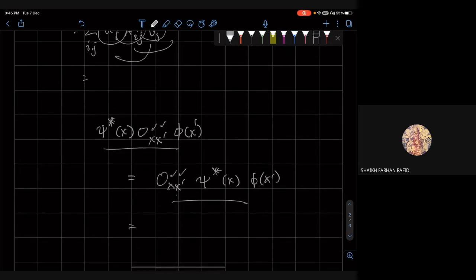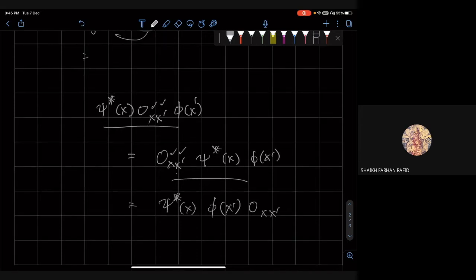And then we can also write it as psi star x, phi of x prime, O of xx prime, etc. Now, it's not necessarily true that this has a value independent of these in this case, but this is just notation. But it's kind of important notation, right?